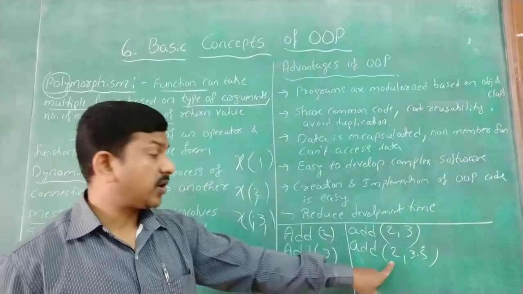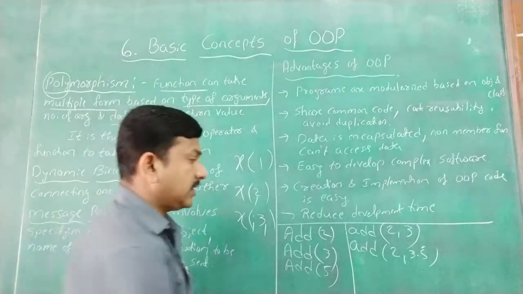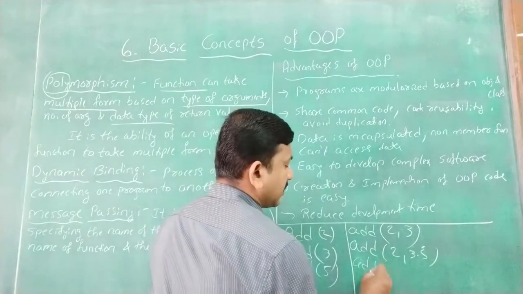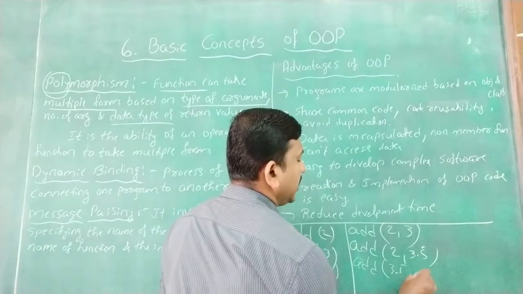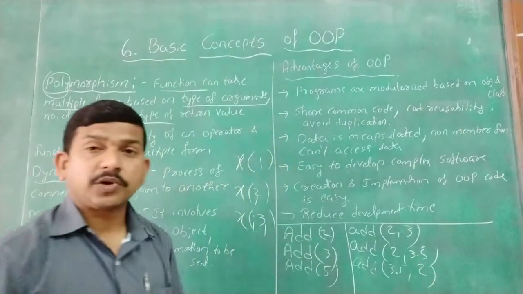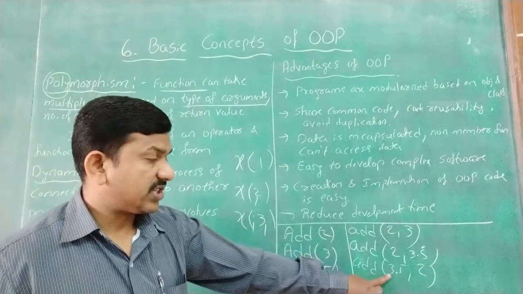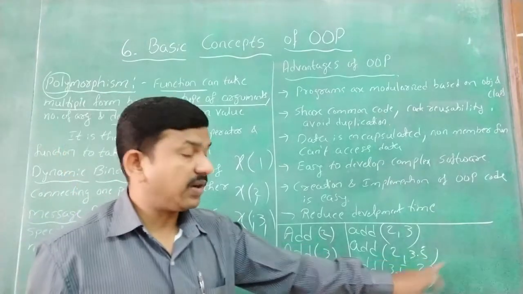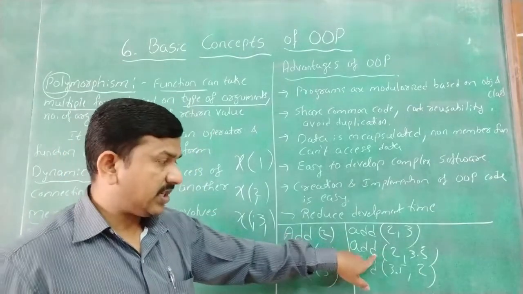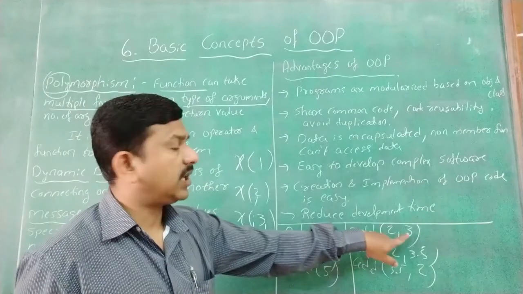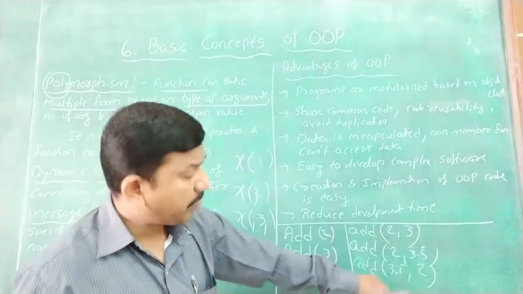This is also possible because the type is different. Next, add 3.5 and 5, or 3.5 and 2. It is also possible because the first one is float and the second one is integer. Here the first is integer and the second is float. Here both are integer, sometimes both are float.